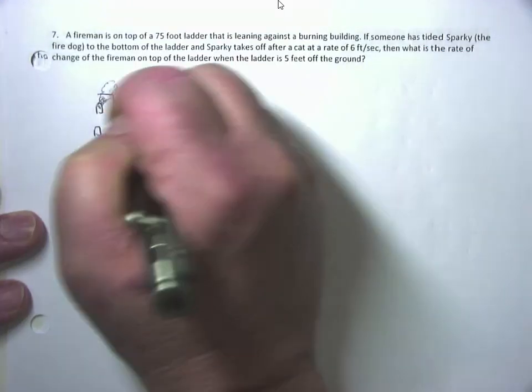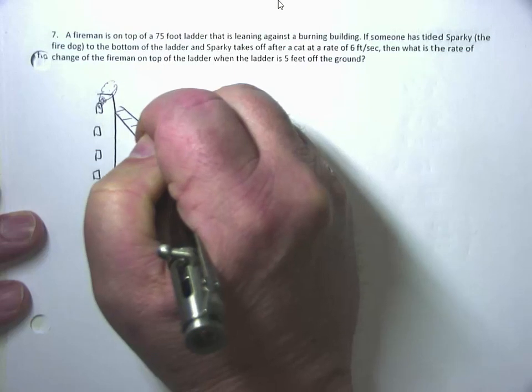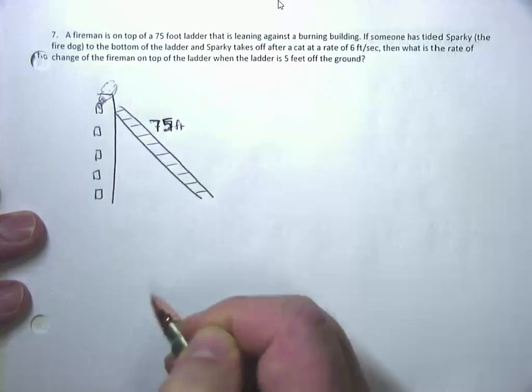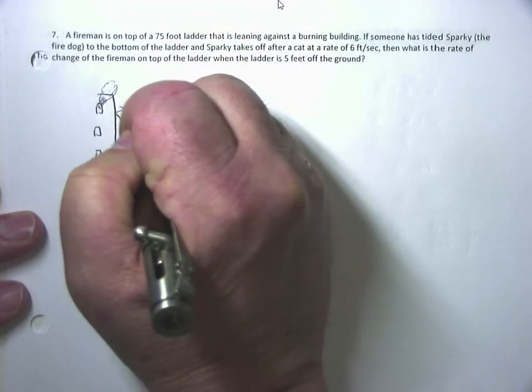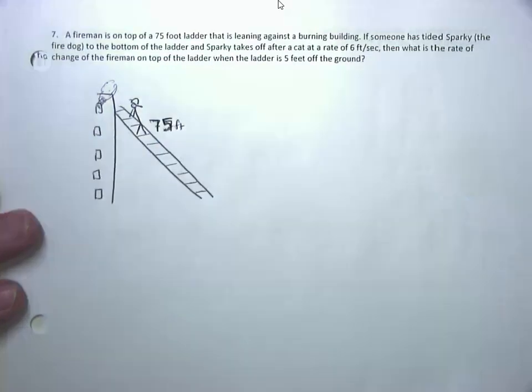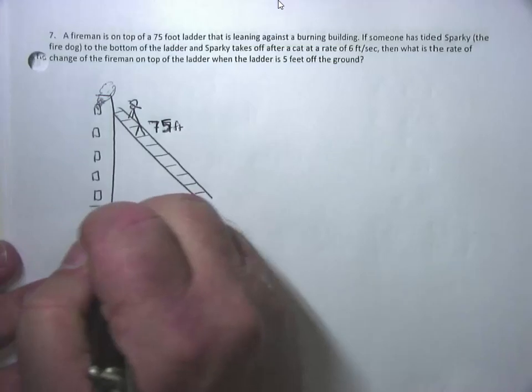Anytime you've got a number, you label it. 75 foot. 75-foot ladder. Okay? Brave fireman on top of the ladder. Tell the fireman about that real cool hat he's got on. There it is. Fireman.